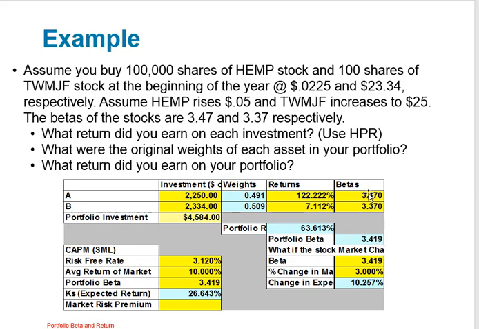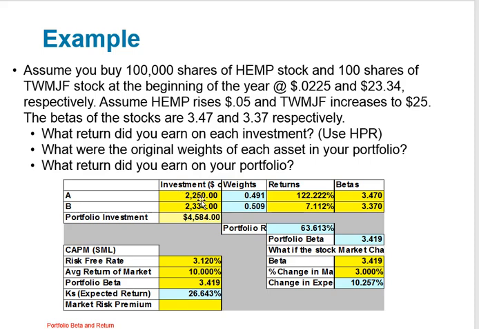Well, if this portfolio has a beta of 3.41, the risk-free rate's 3.12, and the average return on the market's 10, we would expect this portfolio to increase by 26%. However, it increased by 63%. So this portfolio is definitely outperforming what we would expect to happen if we'd invested in this portfolio. So we're actually getting a very good return.